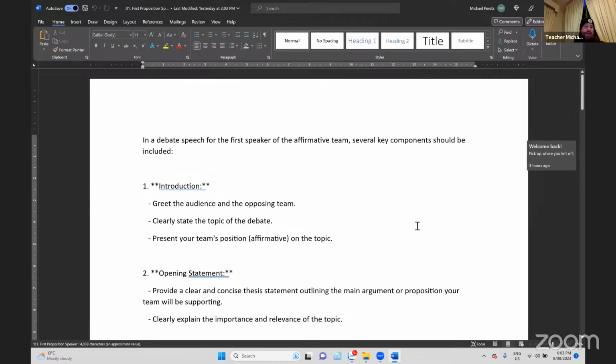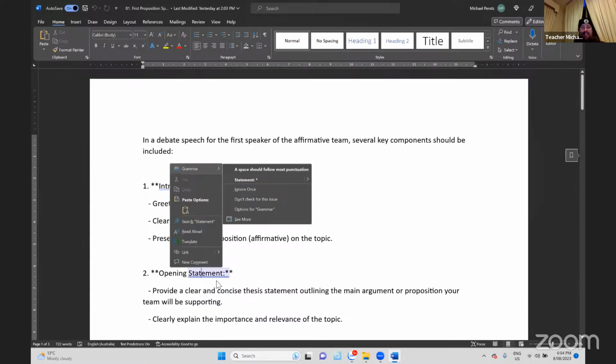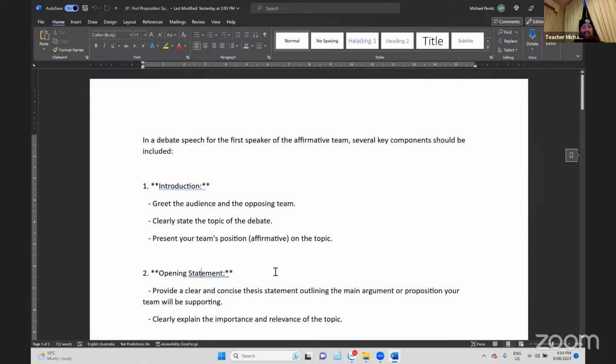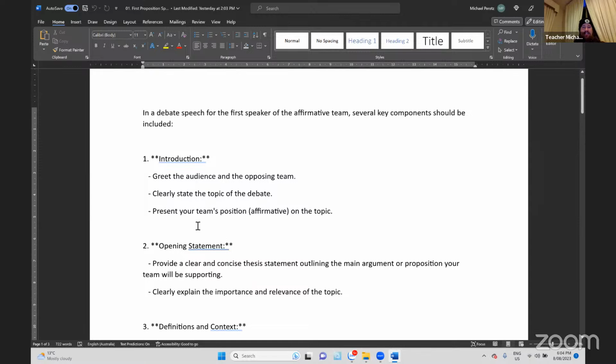So the way that I've structured these documents, and if you guys would like to get into debating quite seriously, you're definitely going to want to read these documents and learn all you can about structuring a good debate speech. So the way I've laid this out is we've got all of the sections that you need to make sure you cover in your speech.